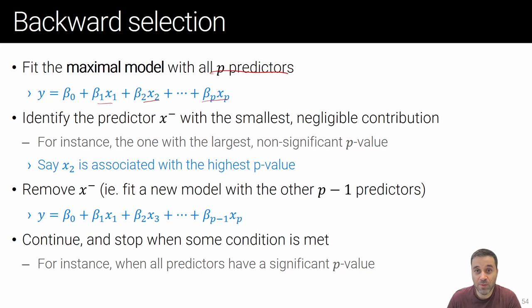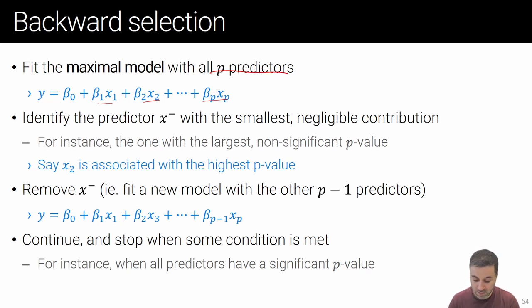That's in principle the one of which we are more certain that the corresponding coefficient is equal to 0, or we have more evidence to say that it's not different from 0. And so let's say that in this case, x2 is associated with the largest p-value. What do we do? We just remove it from the model. What the p-value is telling us is we don't have evidence to support the hypothesis that the coefficient is different from 0. So we just remove it. We are not certain that it's even different from 0, so we just remove it from the model.